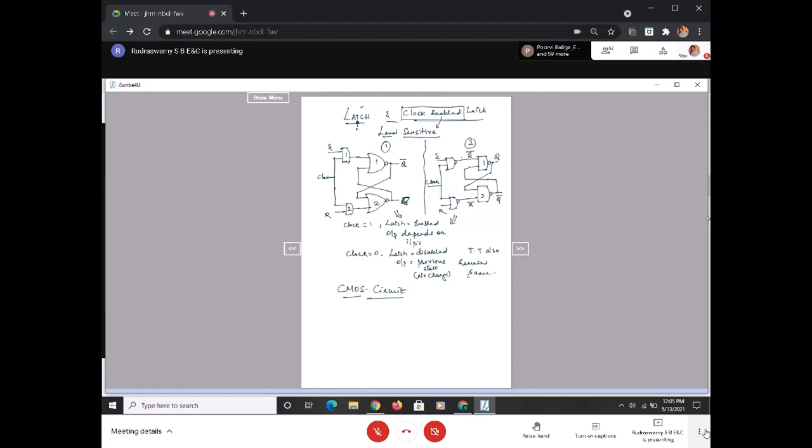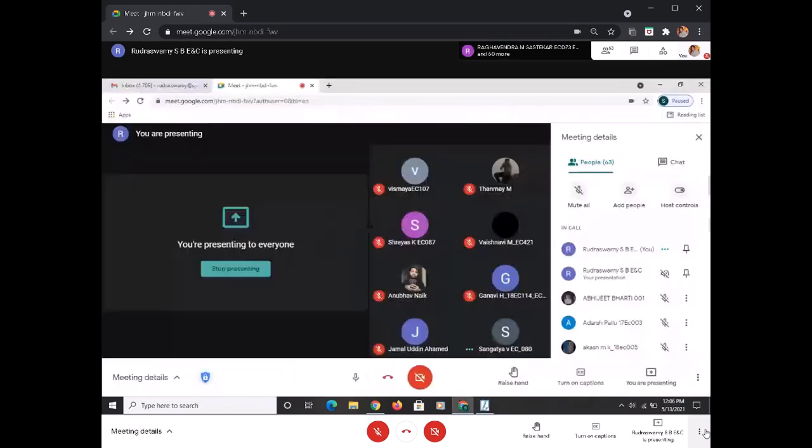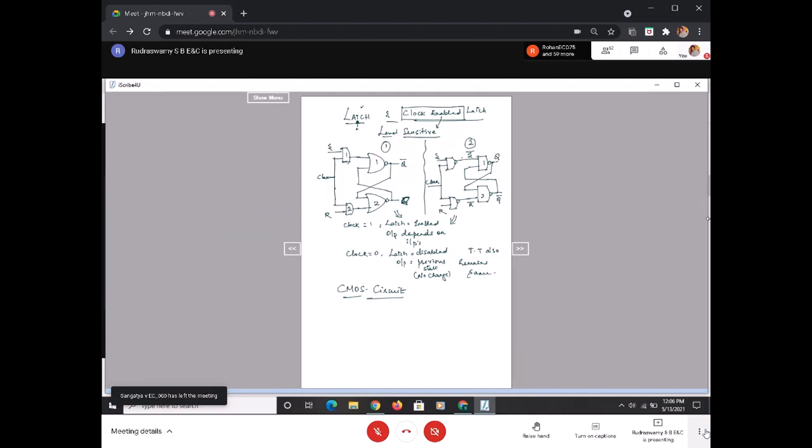Anyone can give me the solution? First, we'll go with figure 1, that is the clock enabled SR latch using NOR.